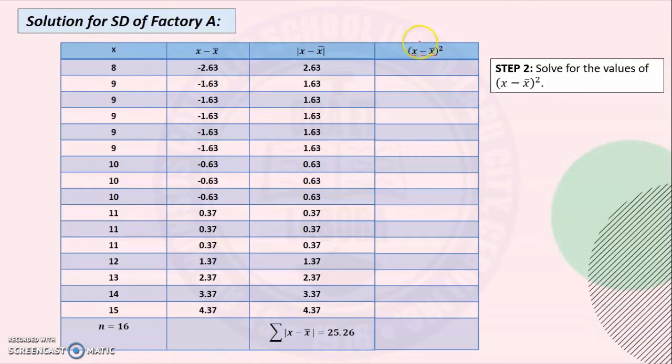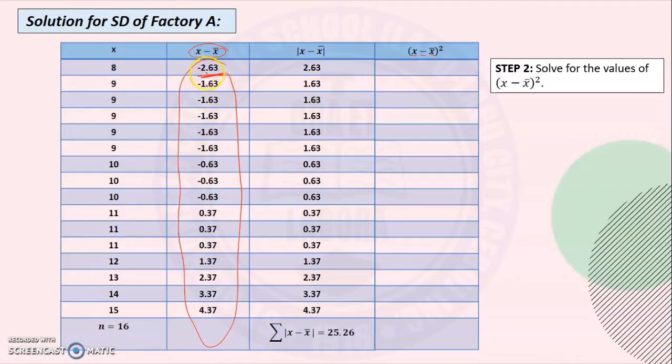And actually, we already have the values of x minus mean. We can see those values in the second column of our table, x minus mean. So, to get the values of the fourth column, we are just going to get the square of the values of the second column. And when we say square, it means we need to multiply it by itself.